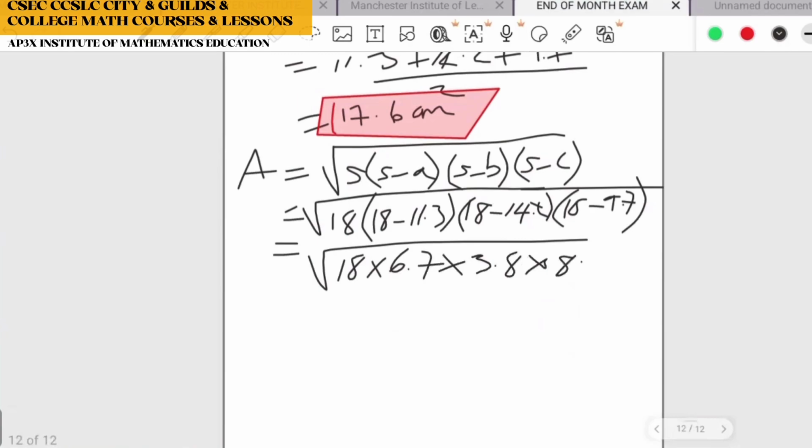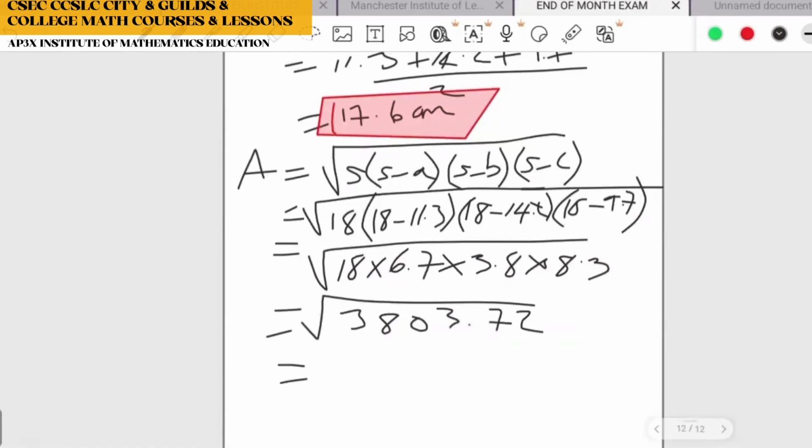I got a total of square root 3,803.72. And the answer that I got is 61.67, but I rounded it off to 61.7 centimeters square.